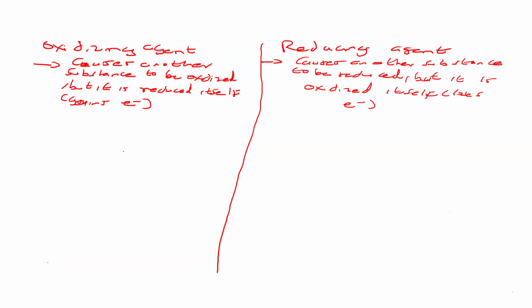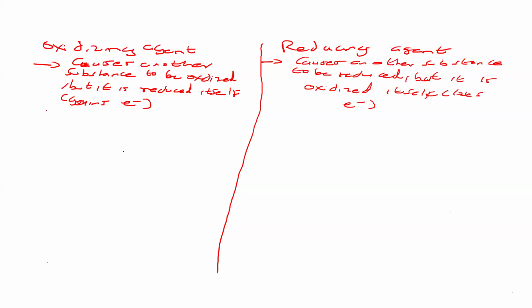So the agent, it means it causes something. So an oxidizing agent causes oxidation to take place, but what happens to it is that it is reduced. It means itself it gains electrons. So you can say an oxidizing agent oxidizes others but gets reduced itself, and a reducing agent reduces others but gets oxidized itself.